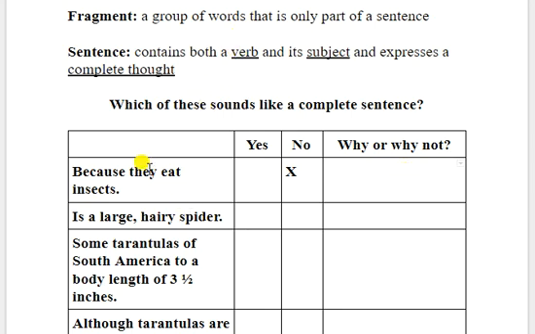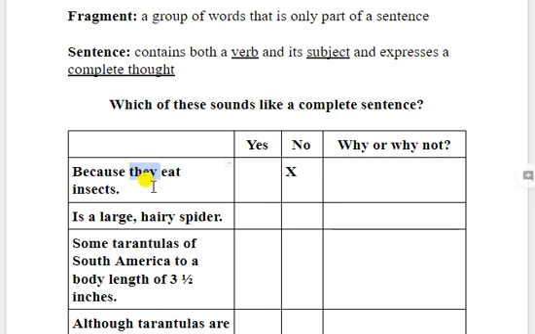Does it have a verb? Is there some sort of action happening here or some sort of state of being mentioned? Eat. That's an action, right? Some of you are eating right now, no doubt. Probably a spicy chip of some sort, because that's what you all eat. They eat insects. So who or what eats? They.